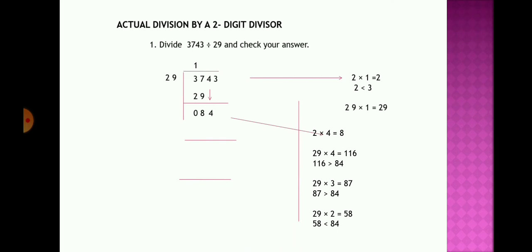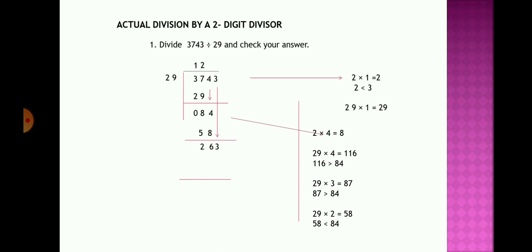So, let us try the predecessor of 3. 29 twos are 58. Now, 58 is less than 84. Quotient is 2 and you write 58 below 84. Subtract, the difference is 26. Bring down the next digit, that is 3 from the ones place of the dividend.